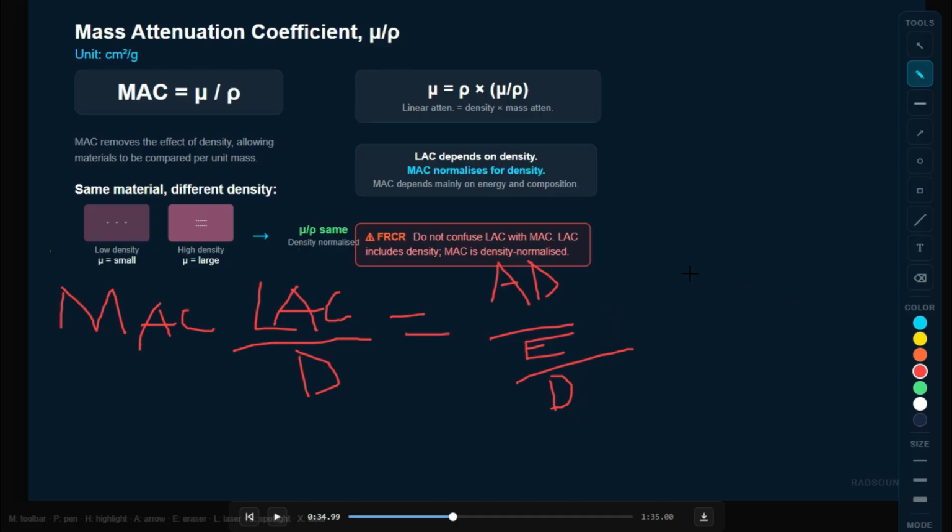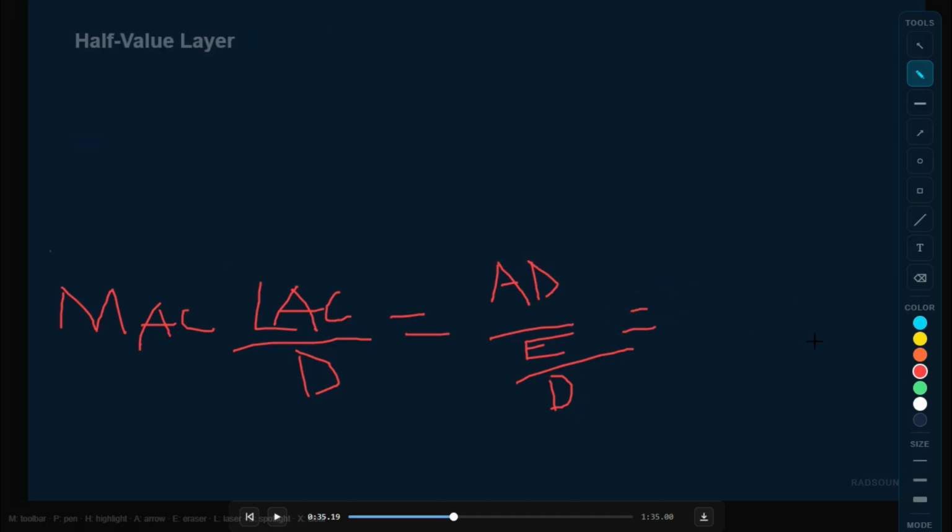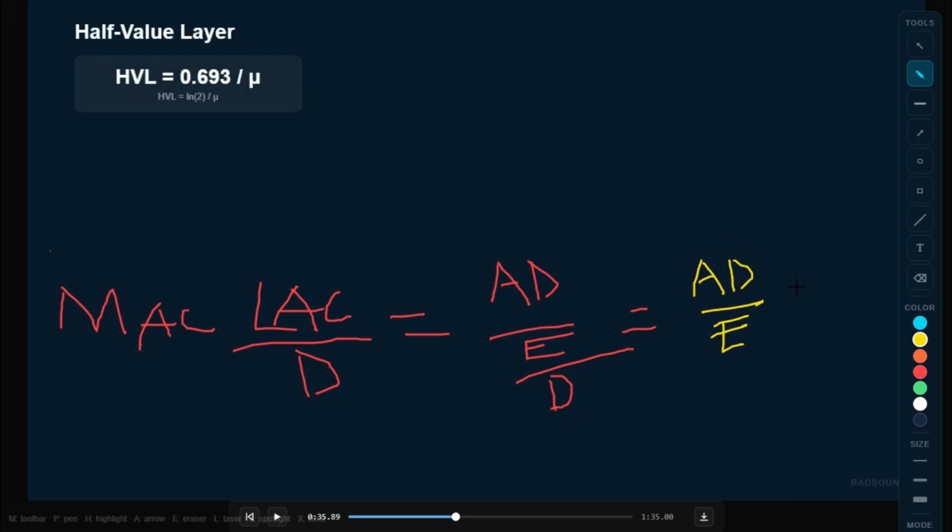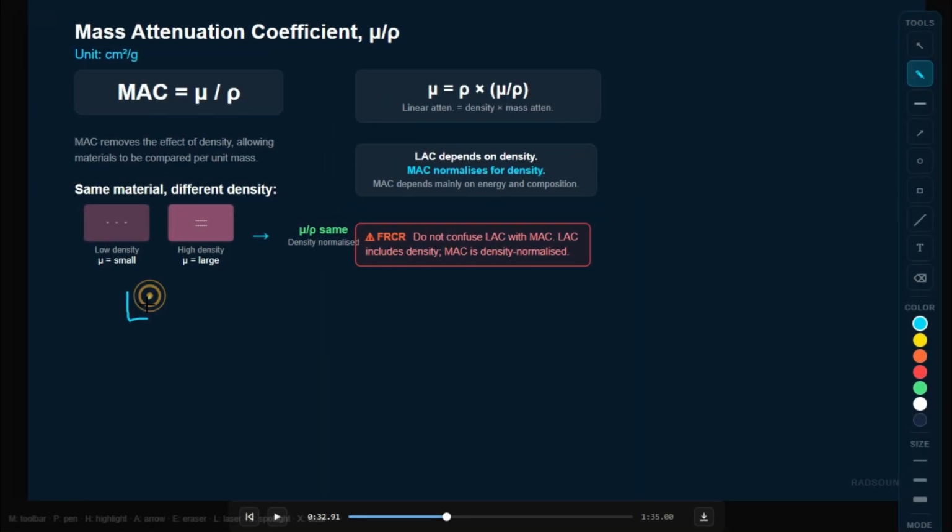If you remember, the linear attenuation coefficient equals, just to simplify everything, atomic number multiplied by density over energy.